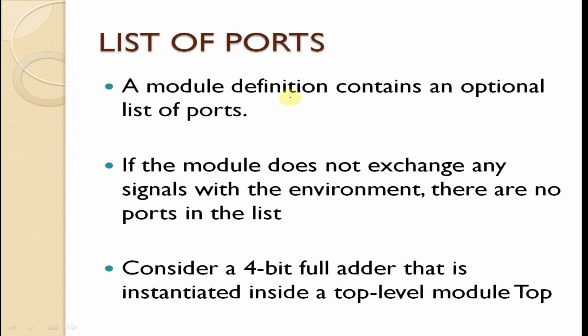A module definition contains an optional list of ports, and if the module does not exchange any signals with the environment, there are no ports in the list. So let's take an example here. Let's take the full adder example only. Module full adder.